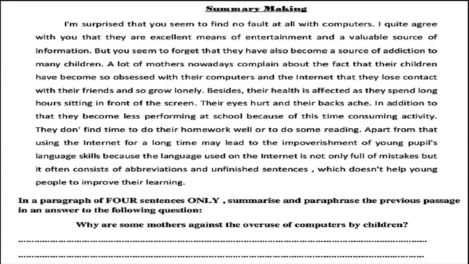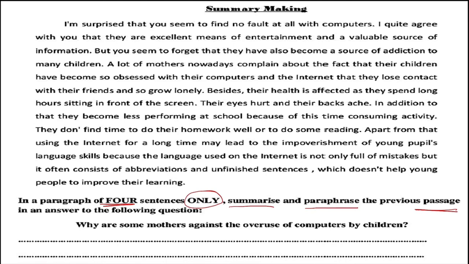Now let's apply this to a question. As you see here, summary making. Now it's going to be like this. Here you have the question or the instructions: a paragraph of 4 sentences only. All right, as I said, not 3 and not 5, no more and no less. You need to summarize and paraphrase the passage, the previous passage, in answer to the following question. Now we have a question here we need to answer.